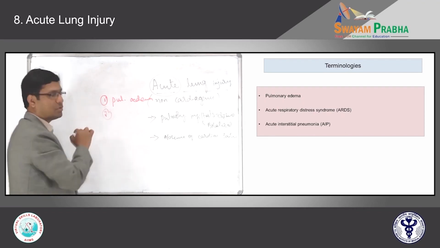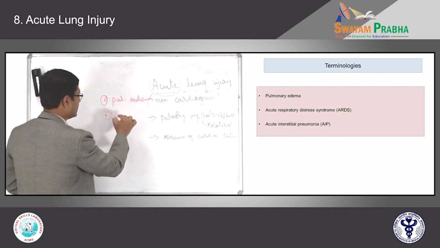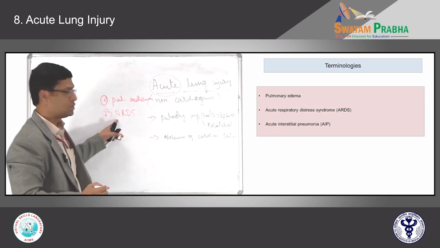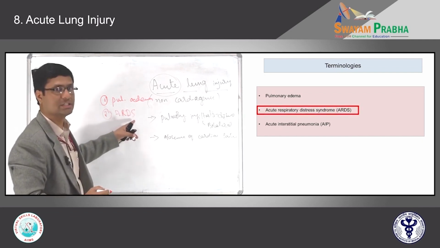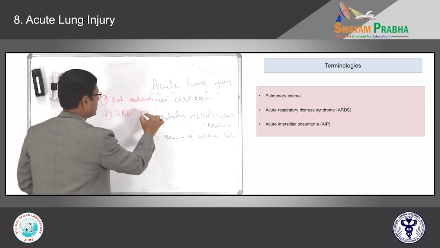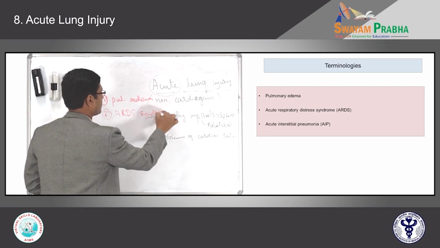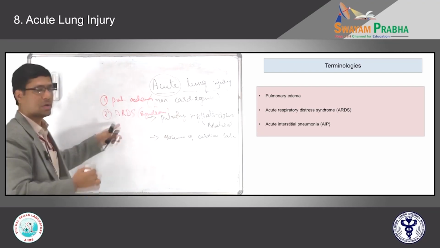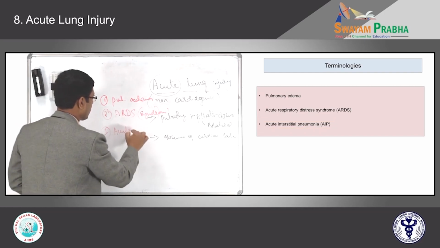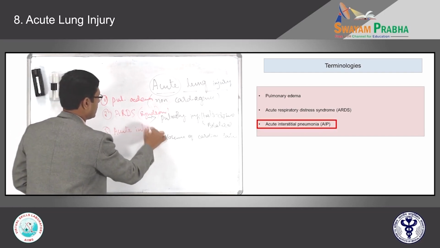The second important category is ARDS, Acute Respiratory Distress Syndrome. It is a syndromic presentation, very important. Third one is acute interstitial pneumonia.